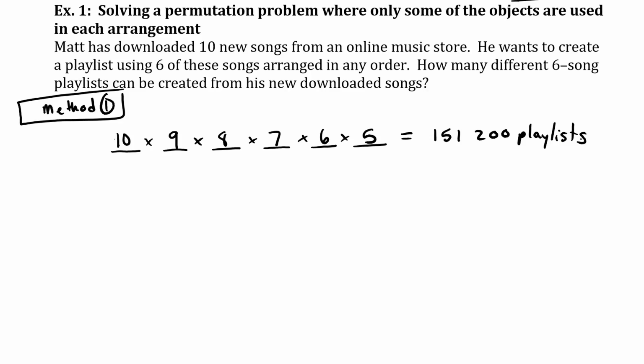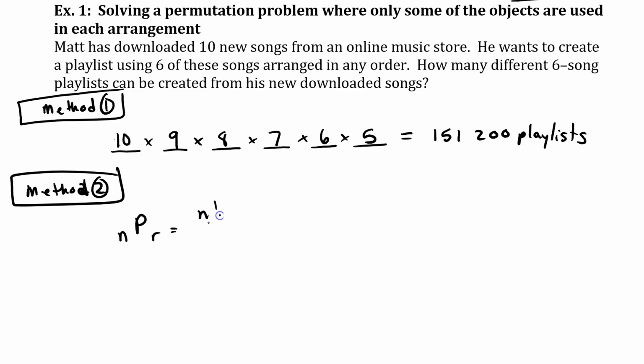Let's talk about method 2, and we should get the exact same number. We're going to use our formula. nPr is n factorial over (n minus r) factorial. Now we know that n is the amount of objects that we can choose from, so we know that there are 10 songs to choose from.